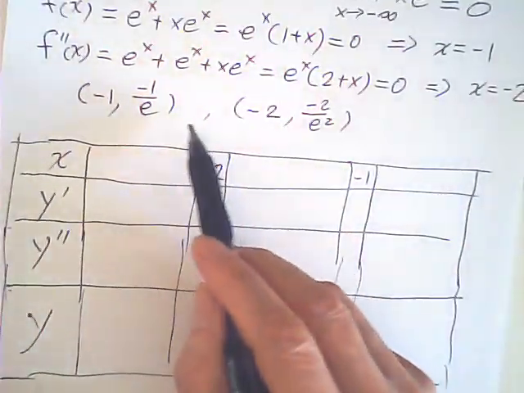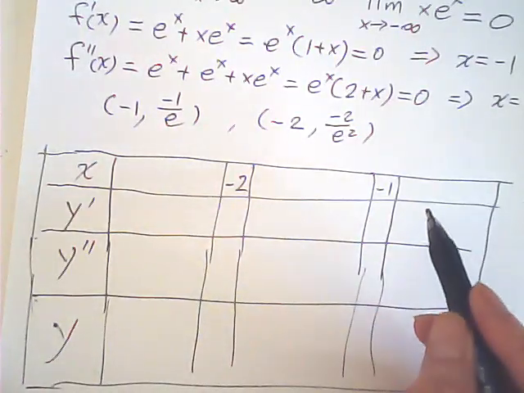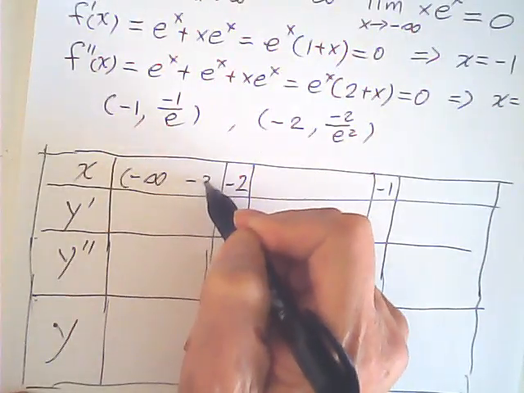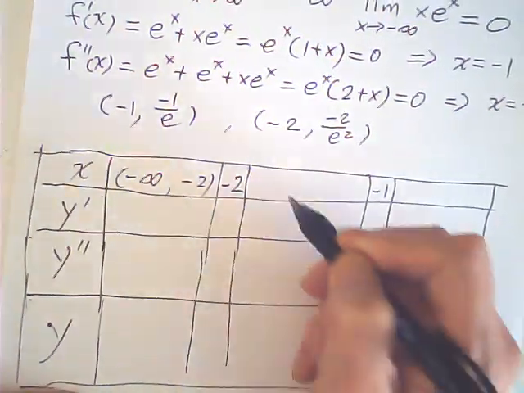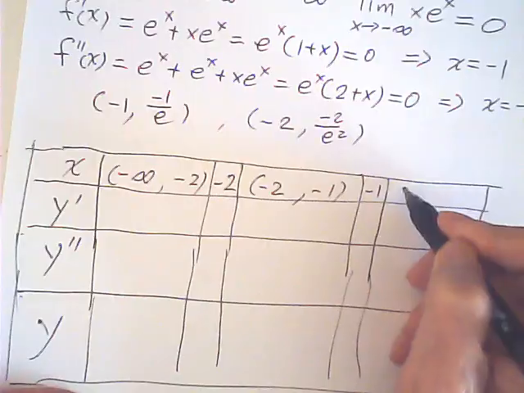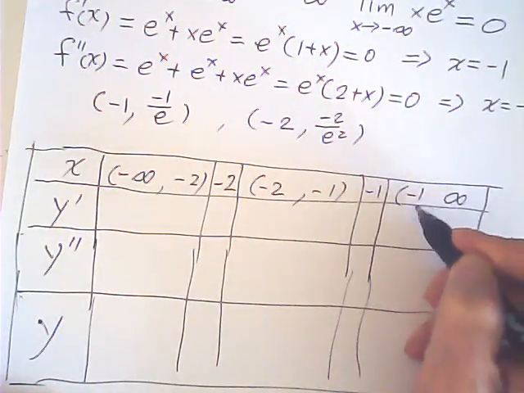So these two critical points divide the whole interval into three subintervals: negative infinity to negative 2, negative 2 to negative 1, and negative 1 to infinity.